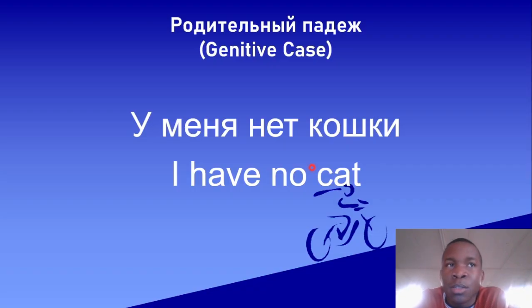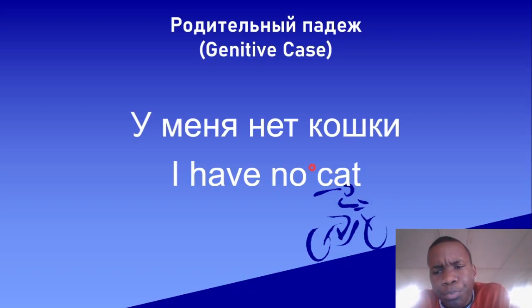Is it single? Is the word plural? Those are factors that may affect the way that our word is written. But this is a feminine word and it's singular. It's a cat, one cat.